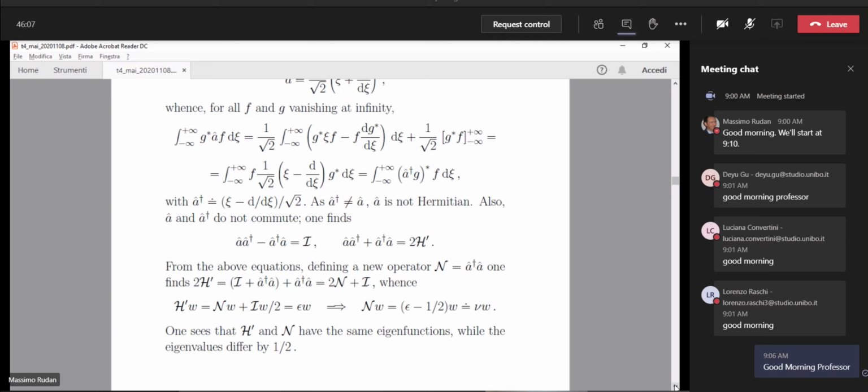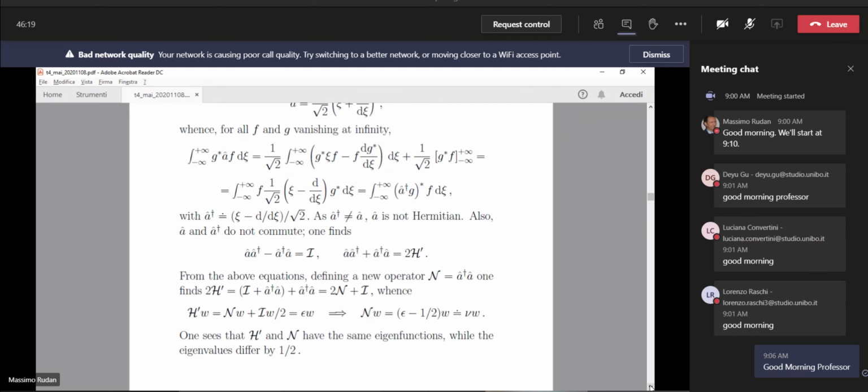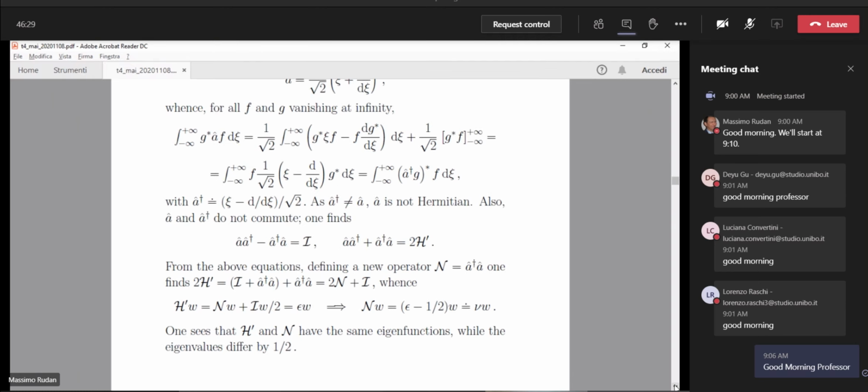So the conclusion is that this operator N, the number operator, has the same eigenfunctions W as the original Hamiltonian H prime, and its eigenvalues differ by the constant 1/2 with respect to the eigenvalues of the original Hamiltonian.